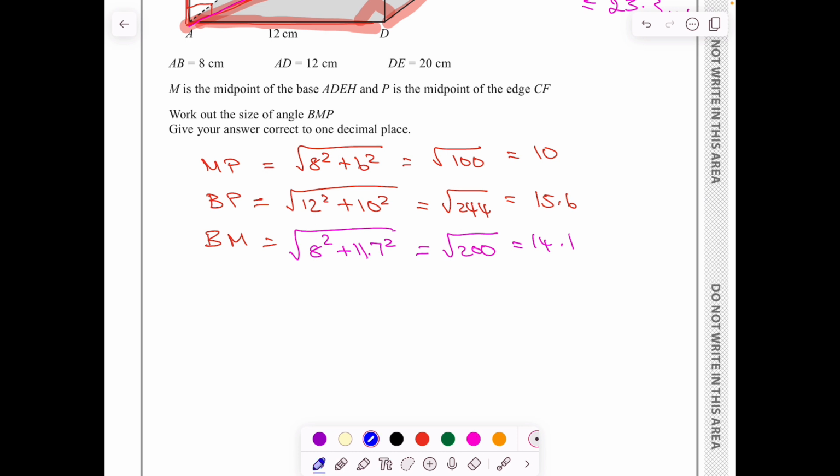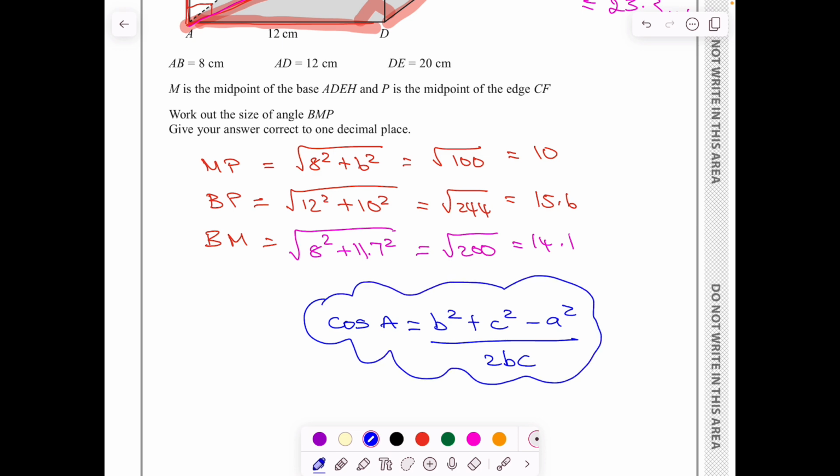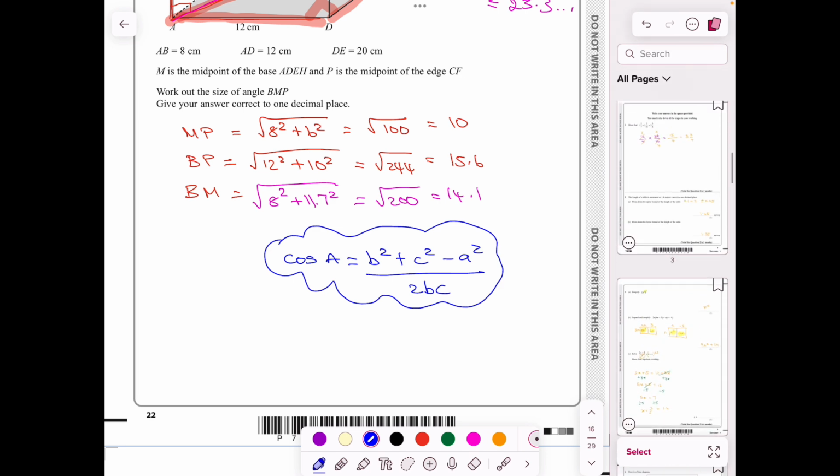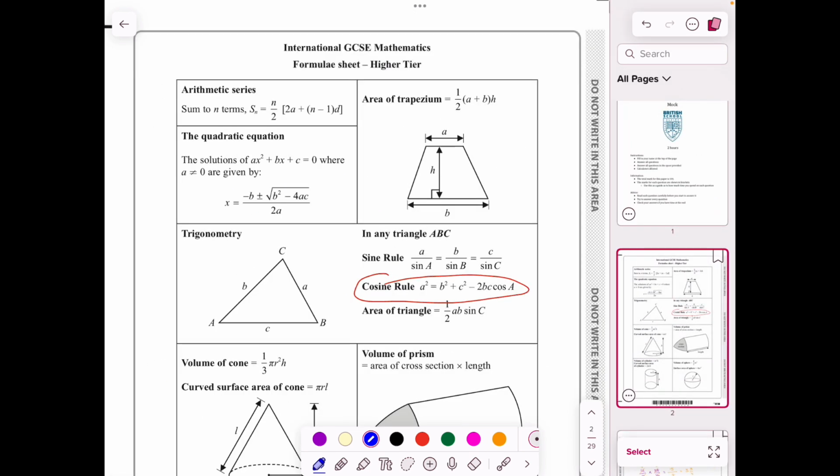Now, two things to bear in mind. You can either memorize the cosine rule and rearrange to find the angle, which is cos A equals B squared plus C squared minus A squared over 2BC. Or the other thing is if you cannot memorize this, go back to your formulae sheet at the very beginning here.